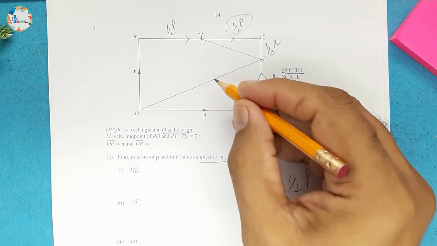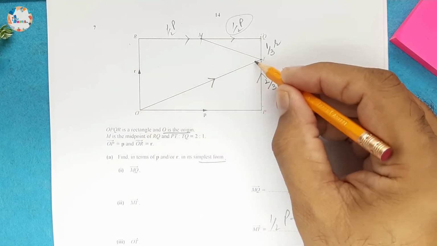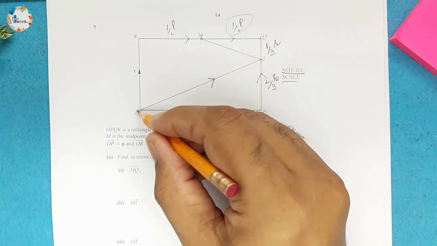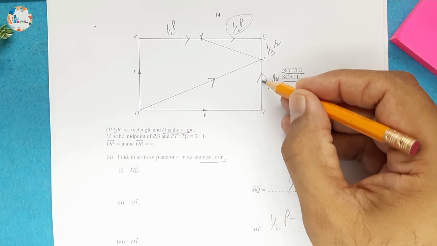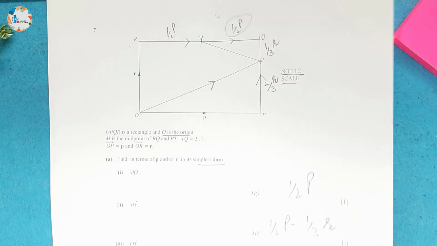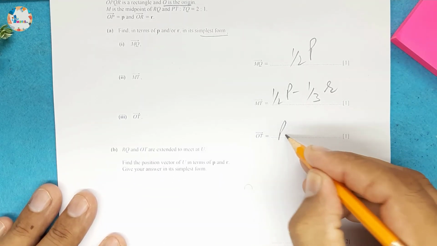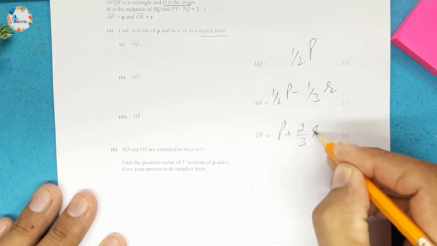Now part 3 is asking for OT. OT will be in this direction, O to T. So we can take this route, P and 2/3 R. So P plus 2/3 R. This is simple.